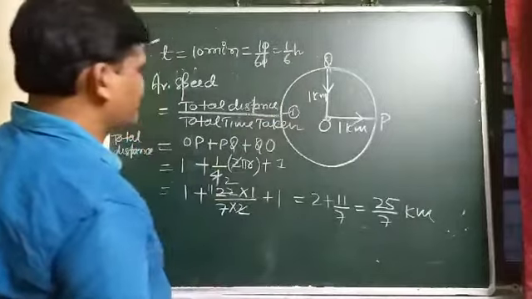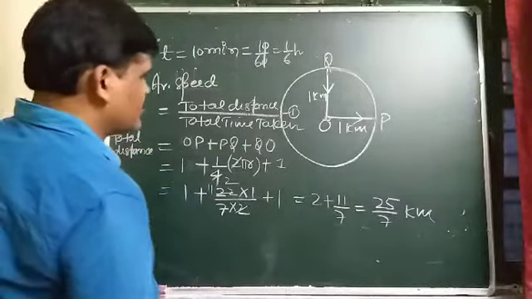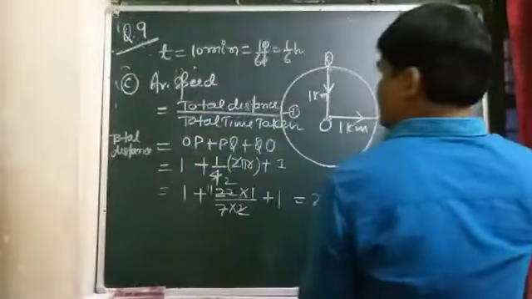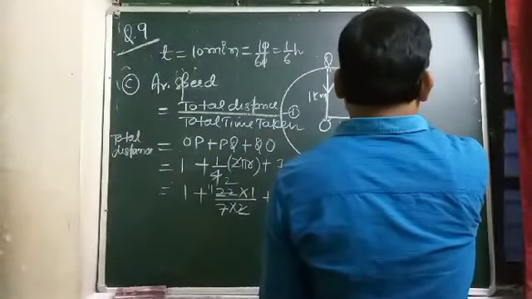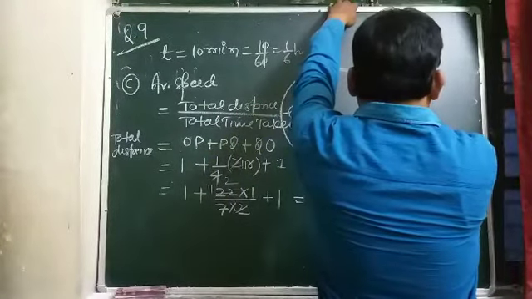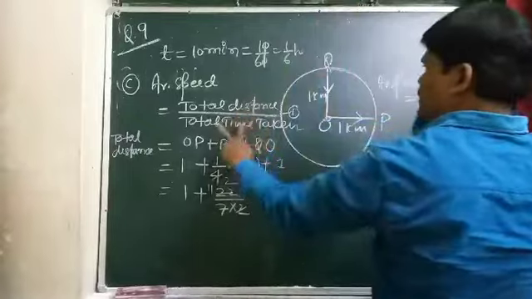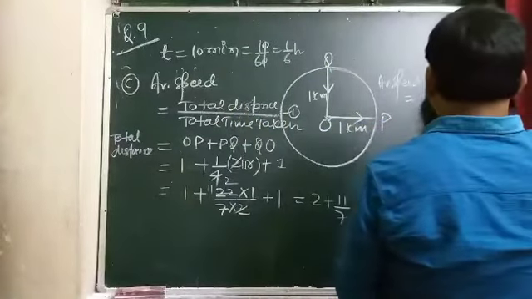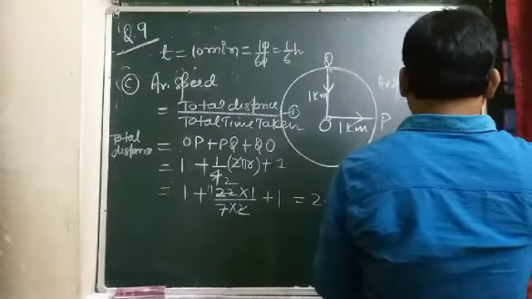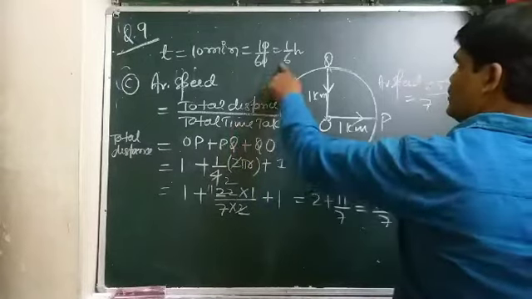So formula can be written here. Average speed can be written as total distance, that is 25/7, and time taken, that is 1/6.